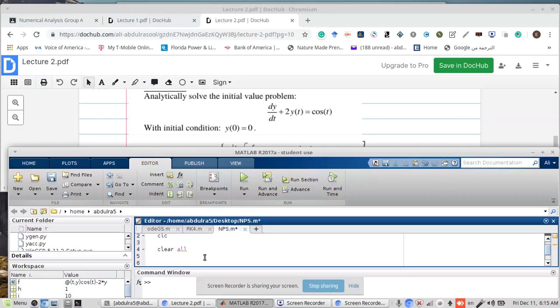So let's name the derivative f at y and t. The rest I will take from here: cosine t minus 2 times y. So this is the definition for this equation in Matlab. All right.